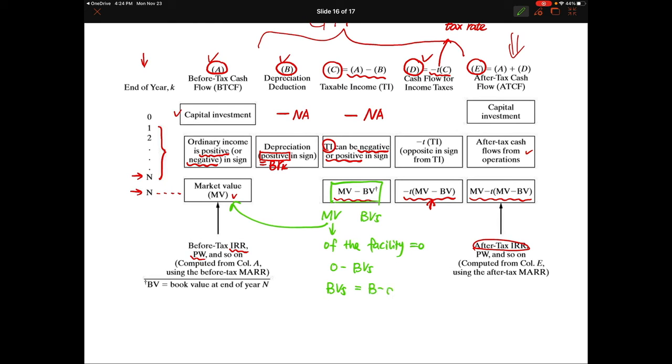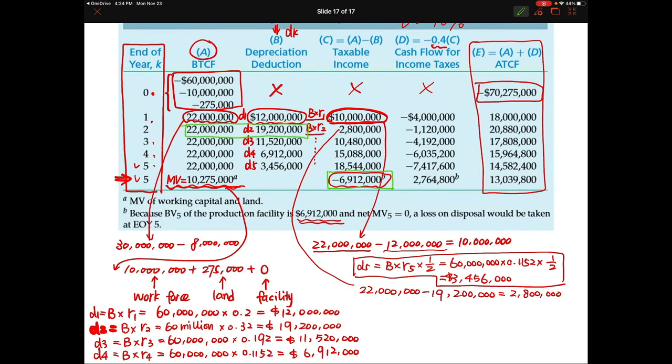So this cell is gonna be 0 minus BV5, and BV5 is what? BV5 is B minus D1, D2, D3, D4, and D5, which means it's B minus the sum of this whole column. So it's 0 minus BV5, which is 0 minus D1, D2, D3, D4, D5.